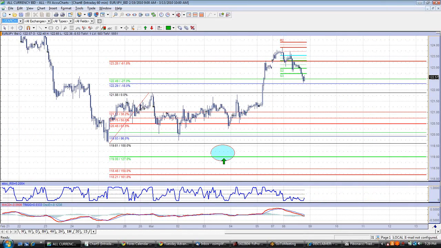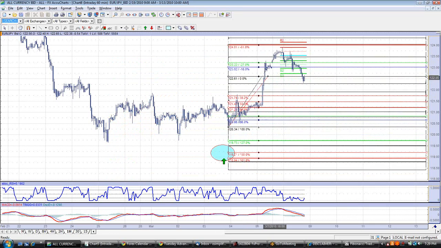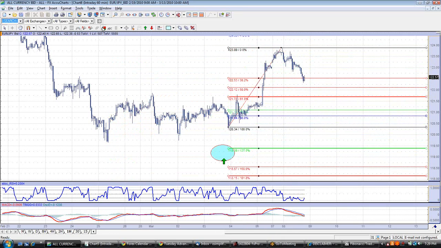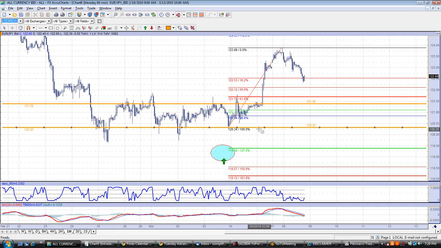Now the Euro JPY, let me move the fibs. A good place to buy is here around the 78.6 to 86.